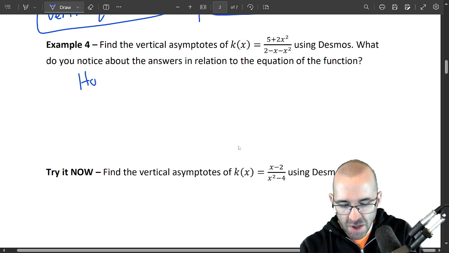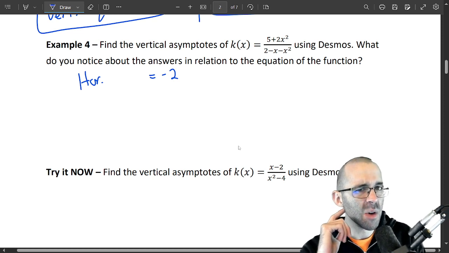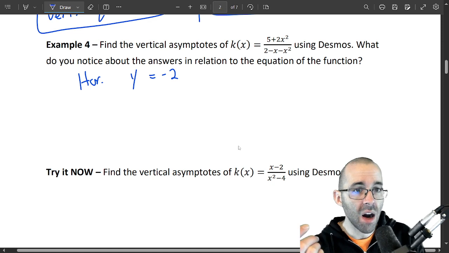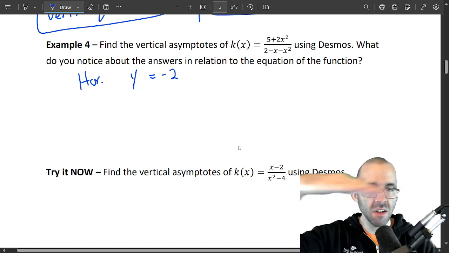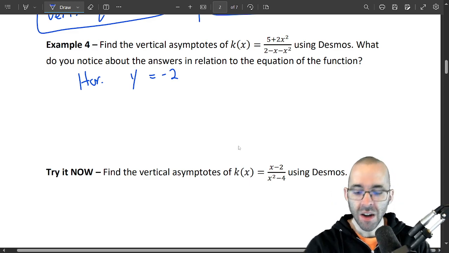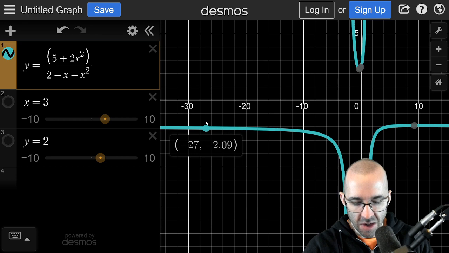The horizontal asymptote is something equals -2. Is it x equals -2 or y equals -2? It's y. Y equals -2. That's the equation of a horizontal line. And another way to think about it is we're looking at what are the y values getting close to. They're getting close to -2.